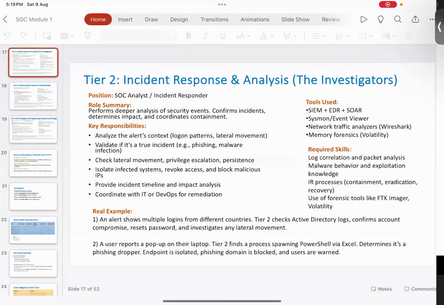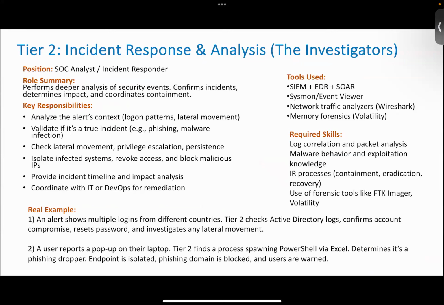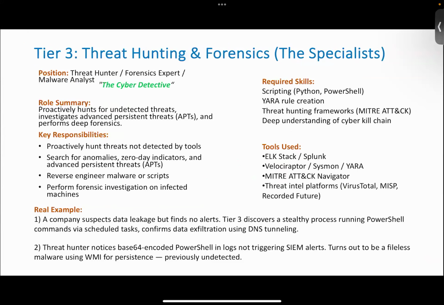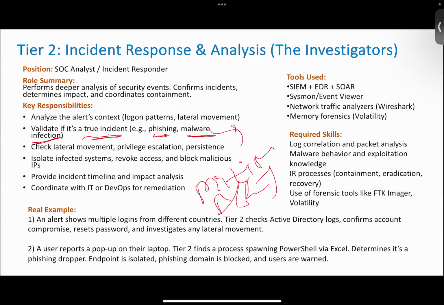Then validate if it's a true incident. You check whether it's a phishing or malware infection. These are the two major hacking attempts which are happening, and we will be able to map this with the MITRE ATT&CK framework. I will show you in the next slide or next session how they map this.